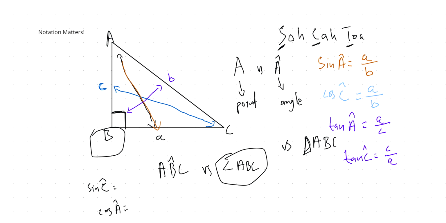A few things I need you to also note: the theorem of Pythagoras is still very much applicable here. So don't throw that away or forget about it. Remember, in this case, we could write it and say a squared plus b squared is equal to c squared. Or we could use the capital letters.